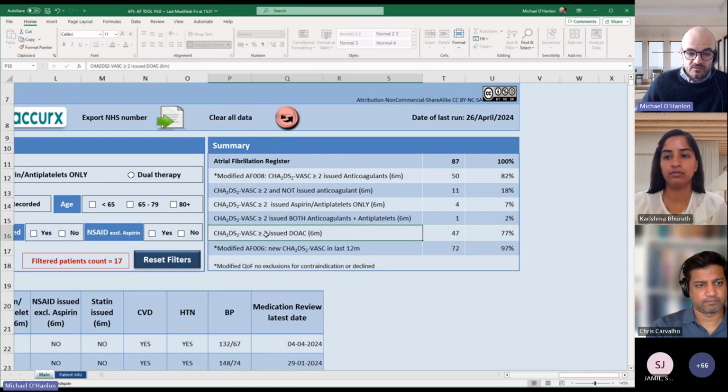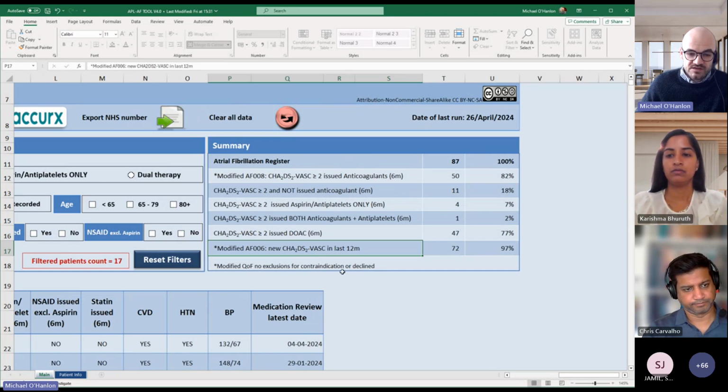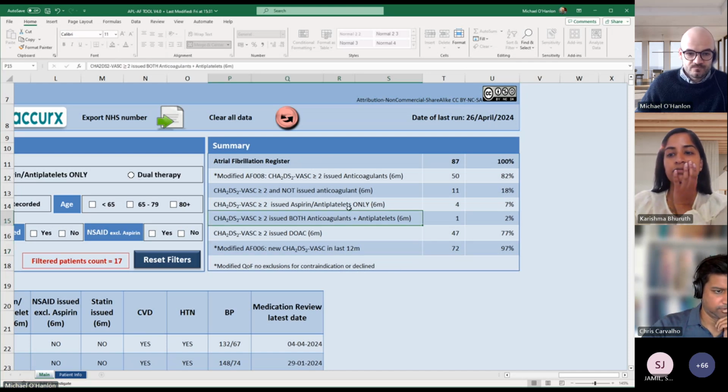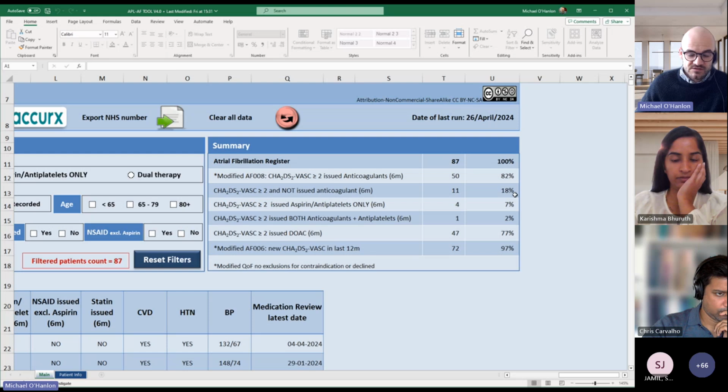So people who have a CHA2DS2-VASc greater than or equal to 2, who have been on a DOAC in the last 6 months, for example. We link in with some QOF indicators, but we modify them slightly just to take out some of the exclusions, because it's a little bit better for reviewing within the tool. And that will stay like this regardless of how the filters are set. So this will always stay the same.